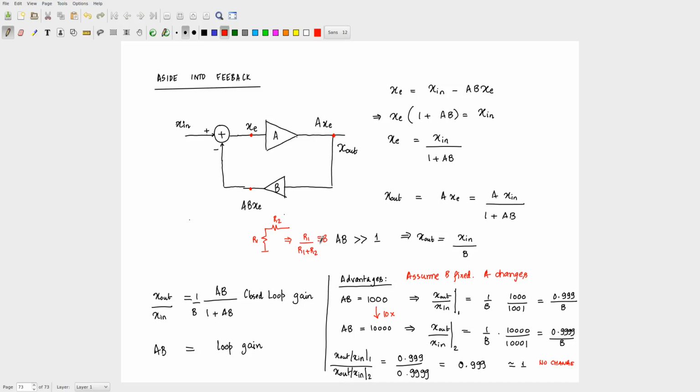Why did we do all of this? To understand what XE is. What is XE when AB is much greater than 1? There is X in by AB, and this tends to 0.